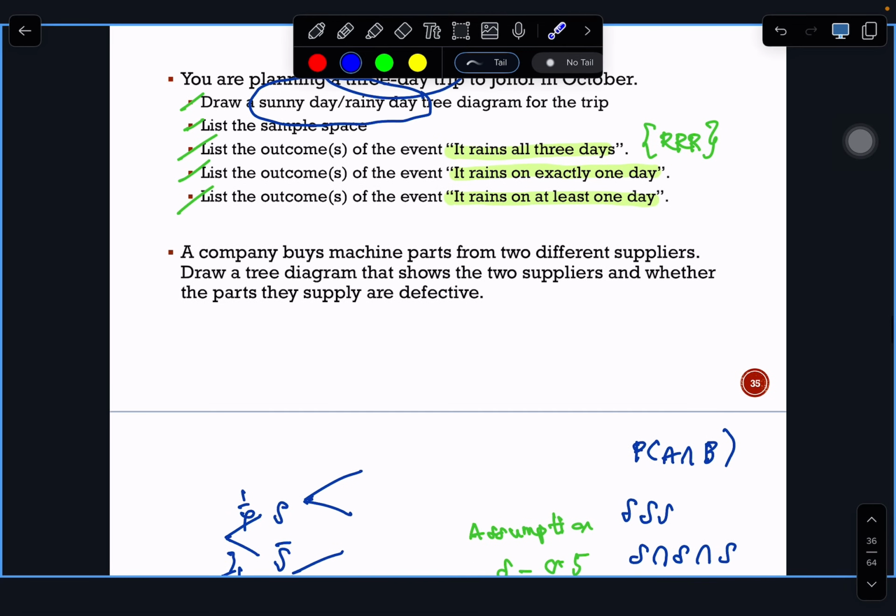Alright, now I'll try to do question 2. A company buys machine parts from 2 different suppliers. Draw a tree diagram that shows the 2 suppliers and whether the parts they supply are defective. Try to do this one.